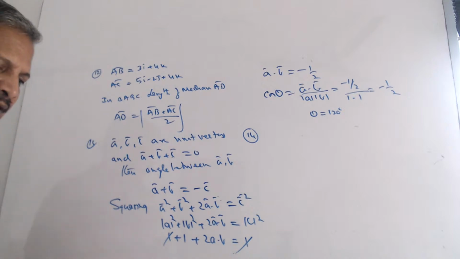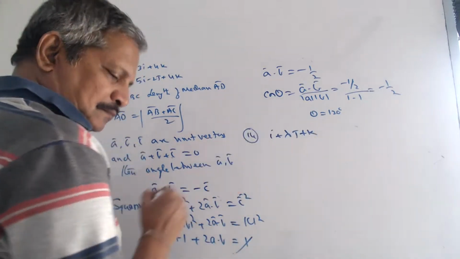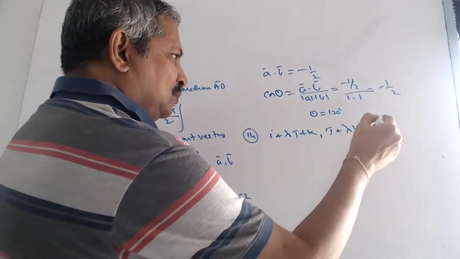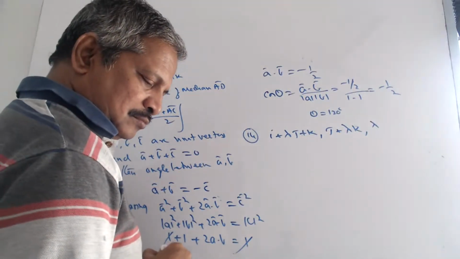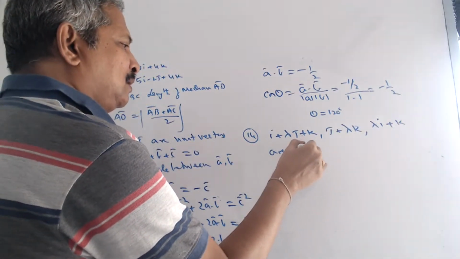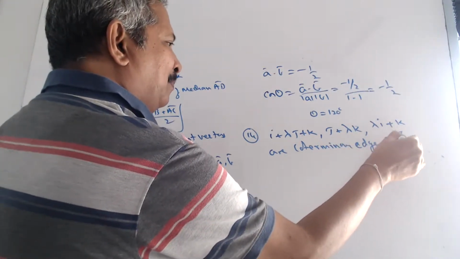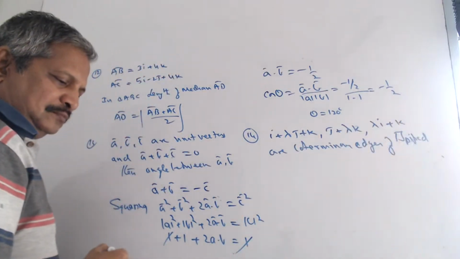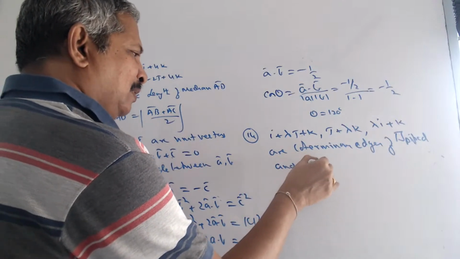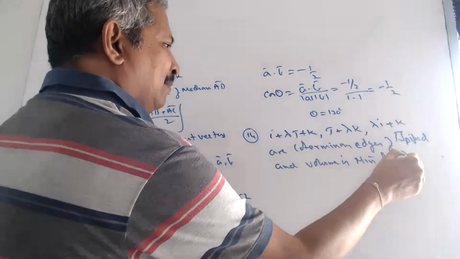So another: I plus lambda j plus k, j plus lambda k, lambda I plus k are coterminous edges of a parallelepiped and the volume is minimum, then lambda.